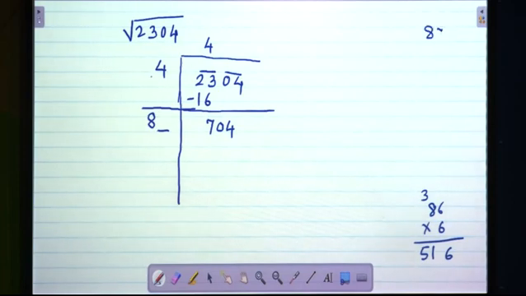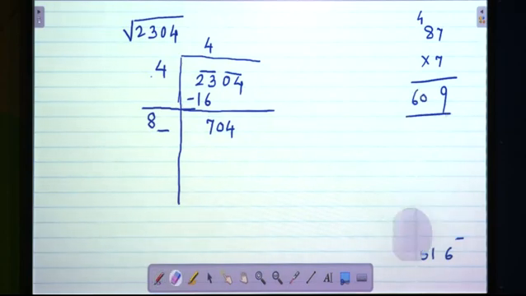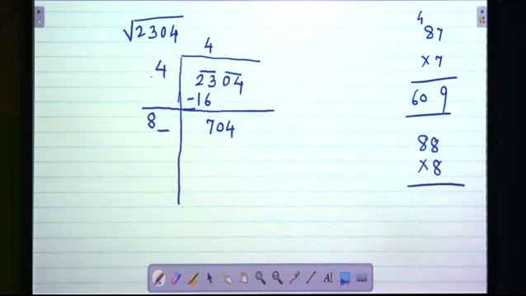87 sevens: 7 sevens are 49, 7 eights are 56, 56 plus 4 is 60. Still the value is smaller. We guess the next digit. 88 eights: 8 eights are 64, carry 6. 8 eights are 64, 64 plus 7 is 70.